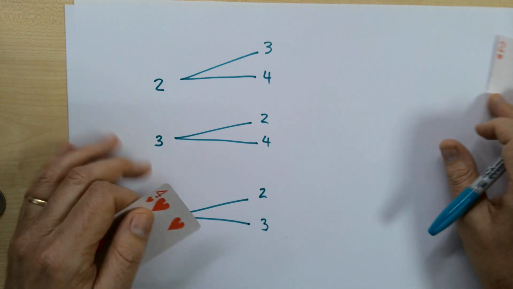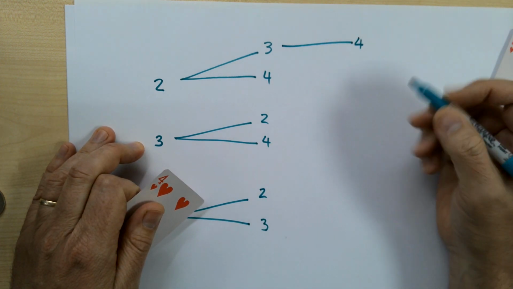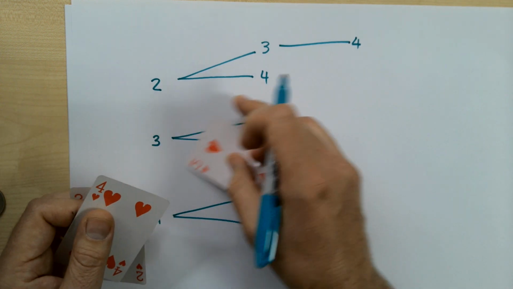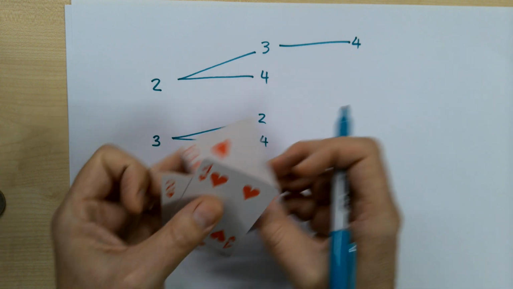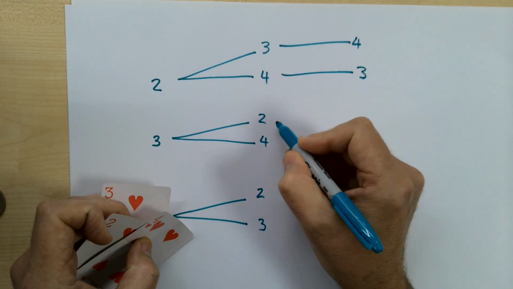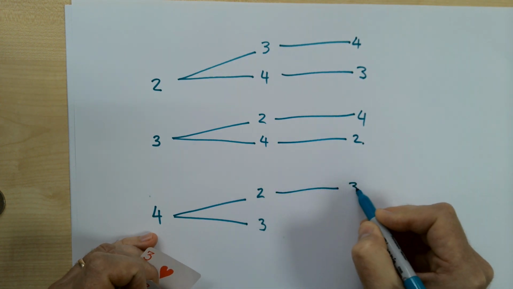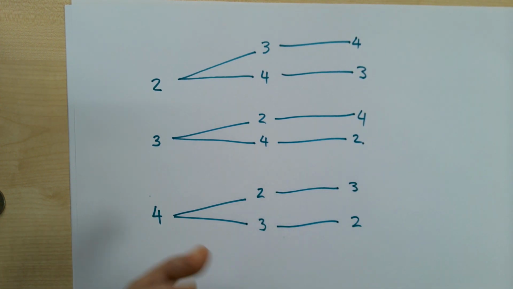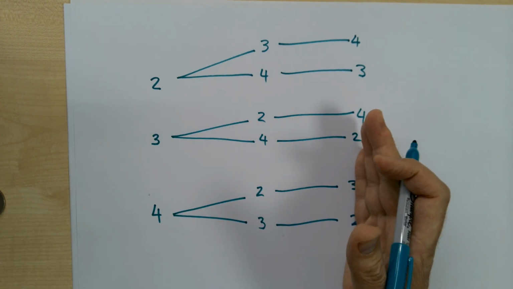Well, the only thing that's left is the 4. So it's a 4. If I had the 2 and the 4, that's the first lot. All that's left is the 3. And you can just keep on like that. So first draw, second draw, third draw.